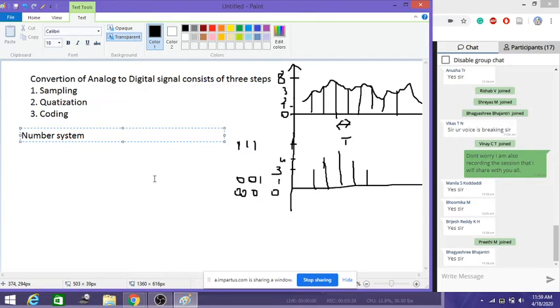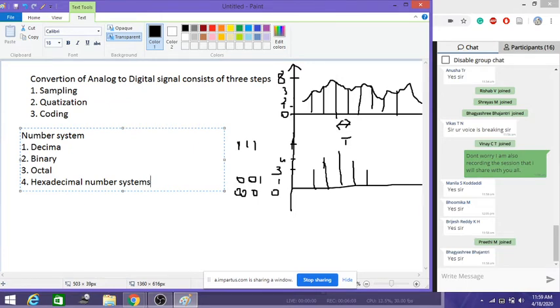The computer basically understands binary numbers, and at a high level we deal with hexadecimal numbers. So the first one is the decimal number system, the second one is the binary number system, the third one is the octal number system, and the fourth is the hexadecimal number system.